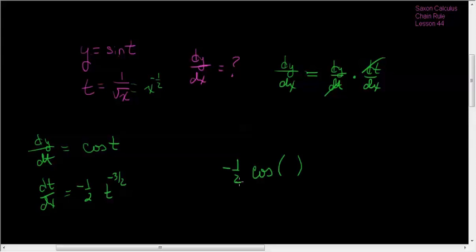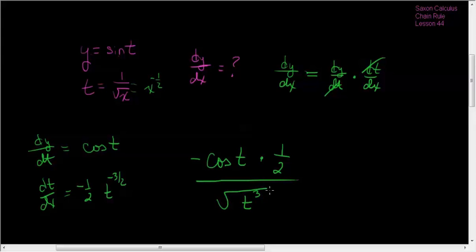Well, let me start this again. dy/dx is going to be cosine t times negative 1/2, put the negative out front, negative 1/2 divided by the square root of t cubed, right?